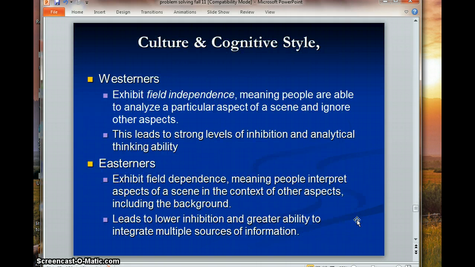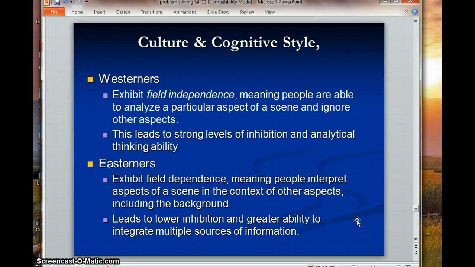Those who live in the West, Americans, tend to exhibit what's known as field independence, meaning that people are really focused on individual details and tend to ignore the background context, and consequently we have very good inhibition. We're very good at ignoring what we see as irrelevant, and at picking things apart into their fundamental details, and that's the analytical thinking ability.